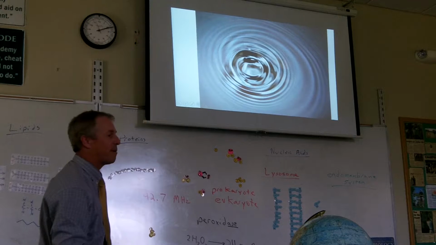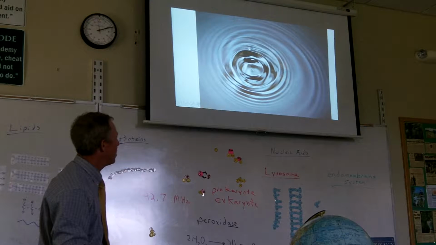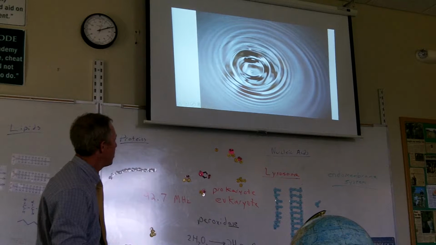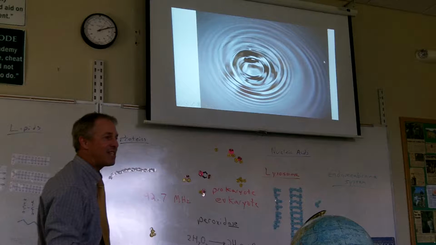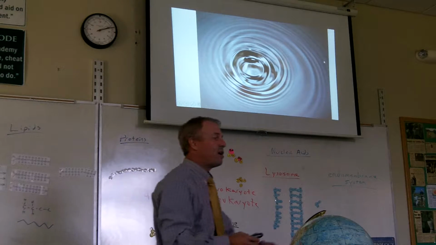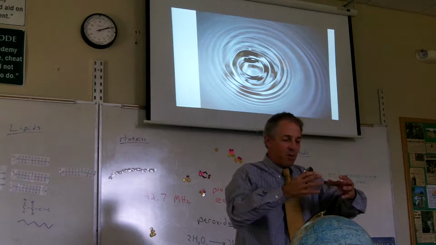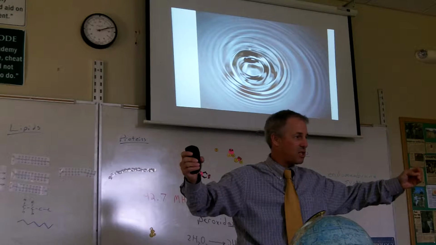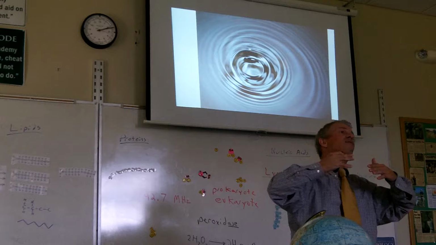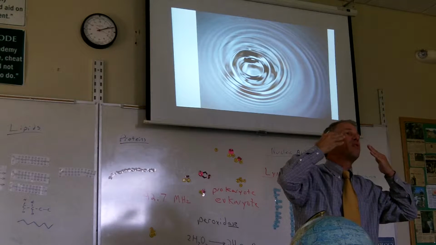I want you to notice something about these waves. Do you see how the waves are real intense near the disturbance? But they kind of smooth out as you get further away? That's how all waves work. So, as they spread out, they get more diffuse, and they aren't as intense. So when you're very far from a star, it doesn't seem so bright.